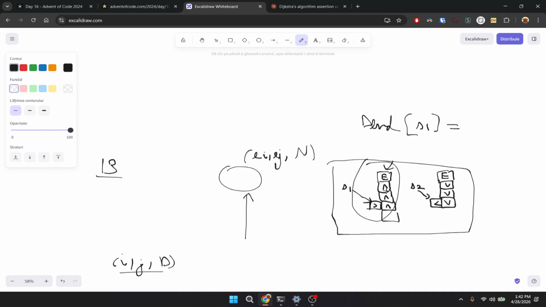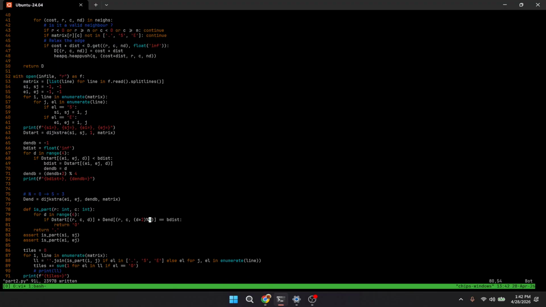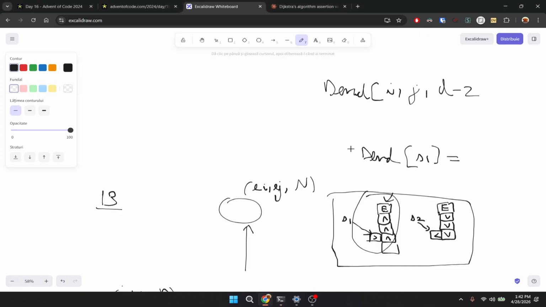I'm interested in these sorts of paths, but my d end at some ij, d-2 mod 4 is what gives me these corresponding paths. If I don't use the d-2 mod 4, I get these paths and their difference.